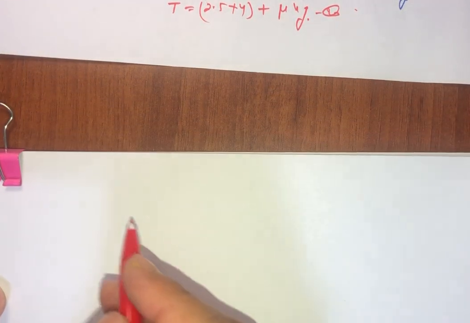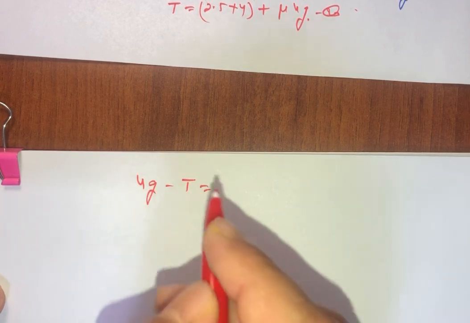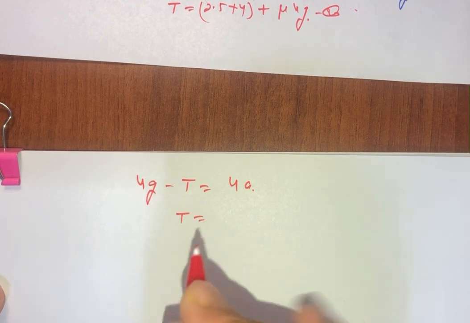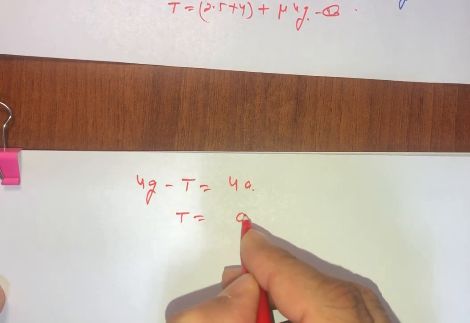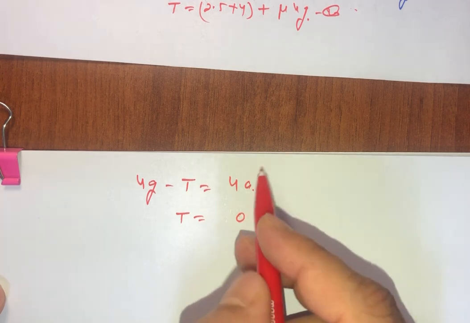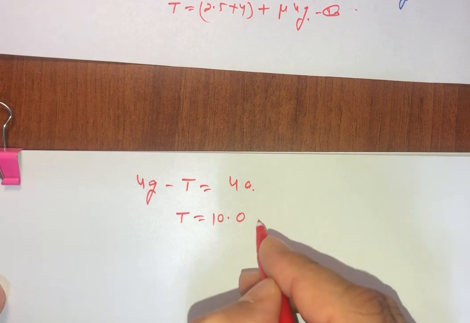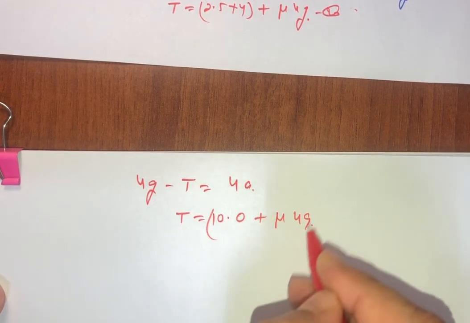So we are going to solve the two equations. The first is 4g minus T is equal to 4a, and the second equation is T is equal to 2.5 into 4 plus mu 4g.